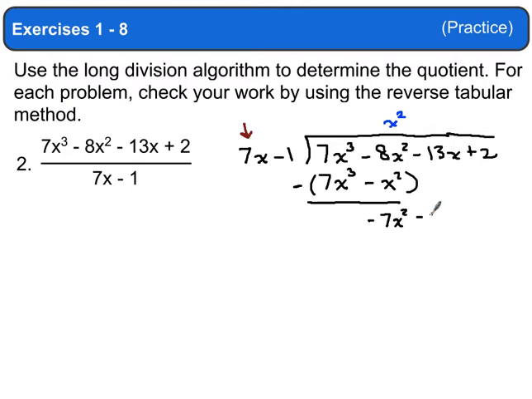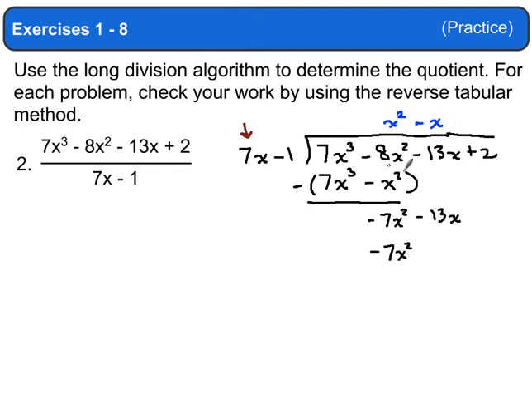We bring this one down, so we bring down the minus 13x. And then this process, again, remember this is a repetitive process. So we start over, 7x divides into negative 7x squared, negative x times. So negative x times negative 7x is negative 7x squared.